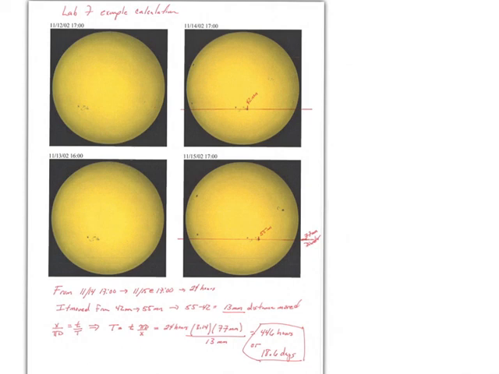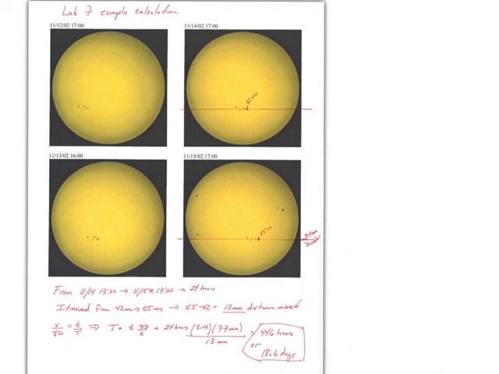I also measured the distance from this edge of the sun to this edge of the sun at that latitude, and it's 77 millimeters diameter. So the time I would record in my data sheet is 24 hours. It moved from 42 millimeters to 55 millimeters, so I subtract those. It moved 13 millimeters in the units of the printed page.